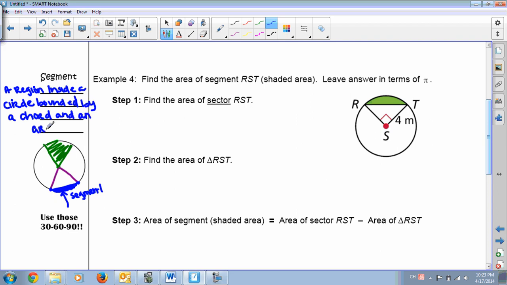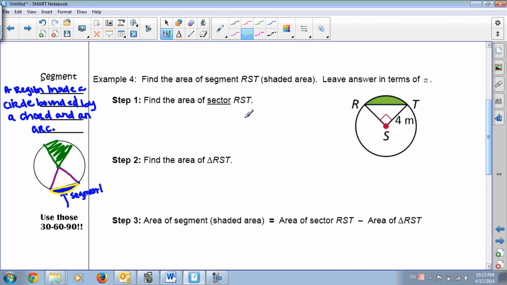So this segment right here is bounded by the chord, which ran across here, and the arc, which is the outside. So all that blue on the inside is the segment. Okay, so how are we going to find the area of the segment? It's actually not very hard.